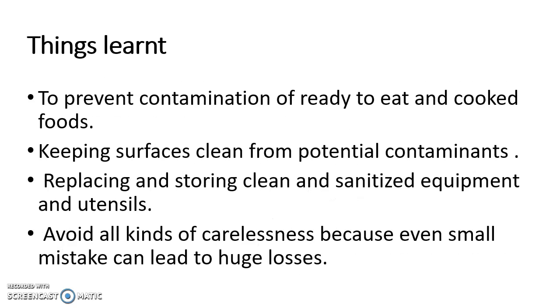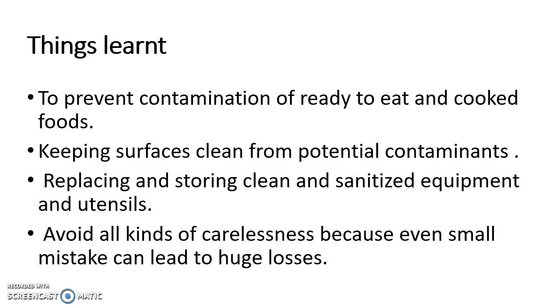So what were the things learned after the in-service training was provided? We learned to prevent contamination of ready-to-eat and cooked foods, and to keep surfaces clean from potential contaminants. What was also taught is replacing and storing clean and sanitized equipment and utensils, when you should replace and clean utensils, and what all should be cleaned.